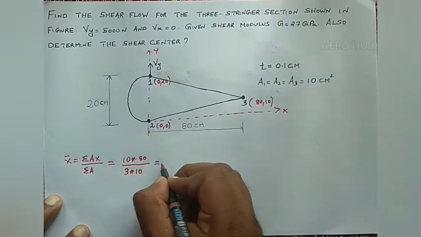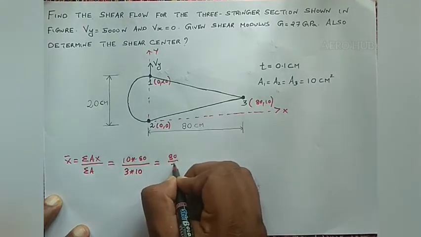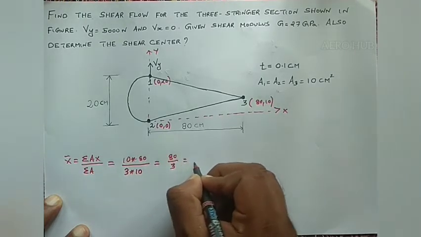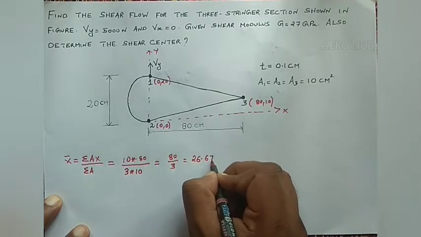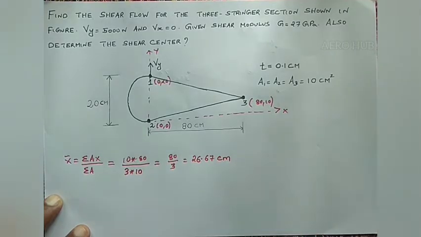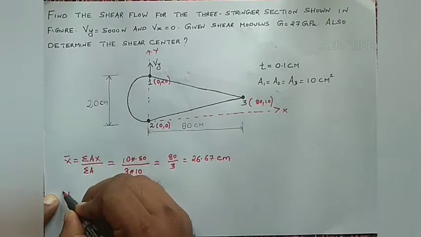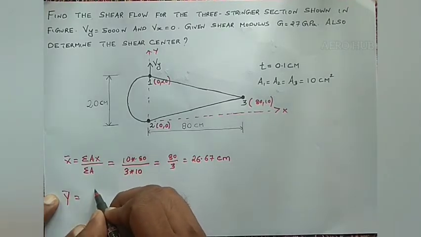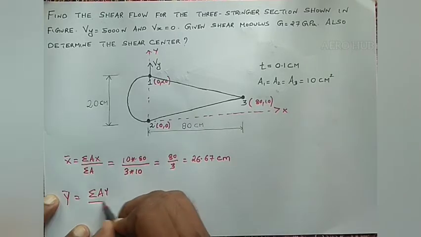So the answer will be 80 divided by, it will be 80 by 3, that will be exactly 26.67 centimeter. This is the value for x bar. Similarly, we have to find out the value of y bar, that is summation A y divided by summation A.